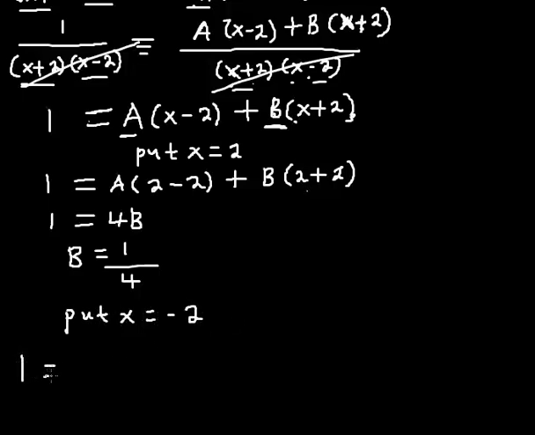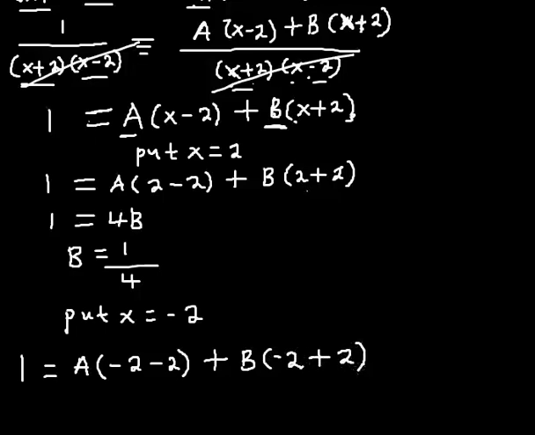It's going to be 1 equal to a bracket open -2 minus 2, then plus b into -2 plus 2.